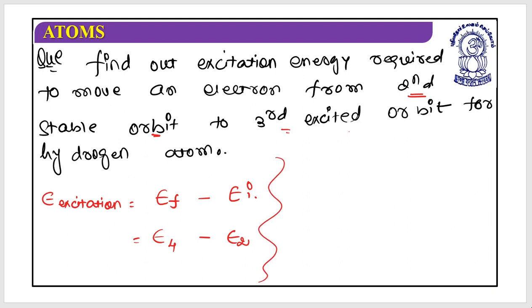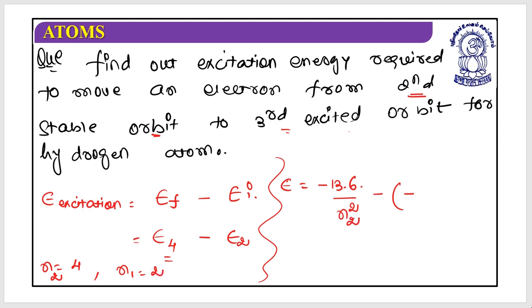So E required would be E4 minus E2, with minus 13.6 by n square because this is for a hydrogen atom. Let's call n2 equals 4 and n1 equals 2.